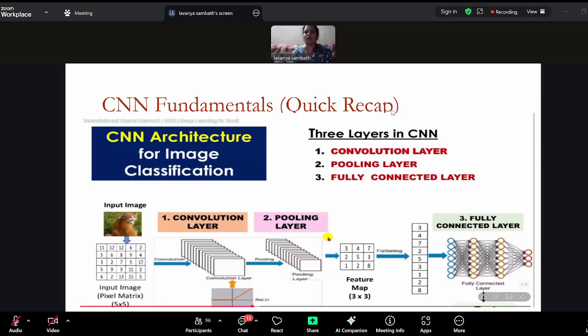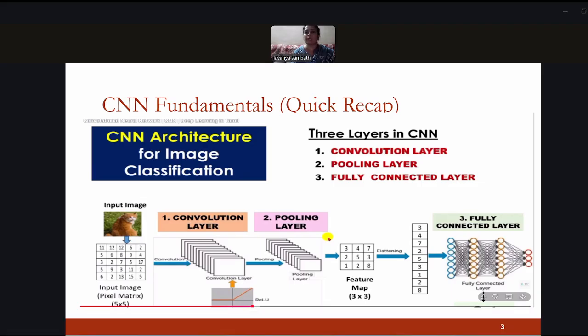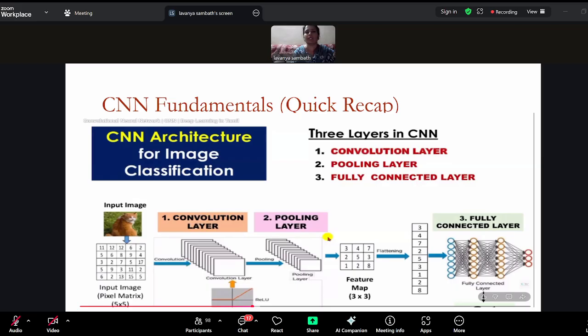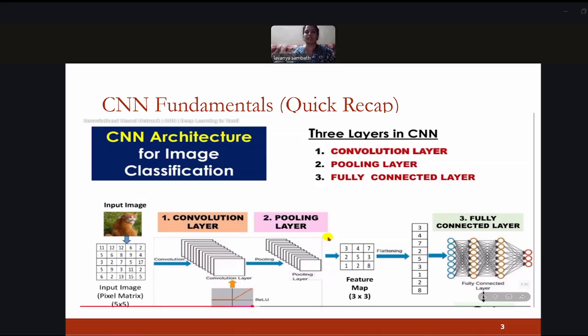Okay, so for the people who are new to CNN, I'll give you an overview of the convolution neural network. Convolution neural network is the architecture which performs well in image classification, image segmentation, and many other image tasks. There are 3 layers in CNN: convolution layer, pooling layer, and fully connected layer.